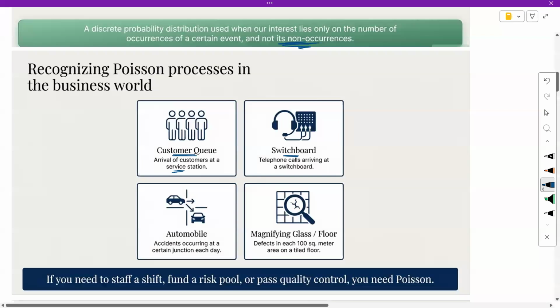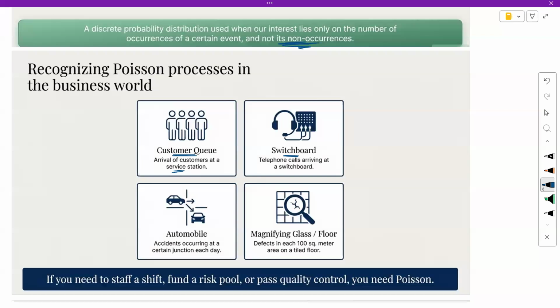Switchboard. In large corporations, they have intercom. They have a hotline. It receives calls, right? So after that, they will divide that call to particular units using intercom.